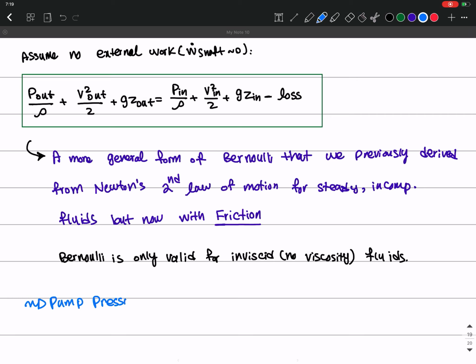And this is something very important that we are going to use in the formulas to drive water pumps, okay? So pumps can add energy to fluids, okay?